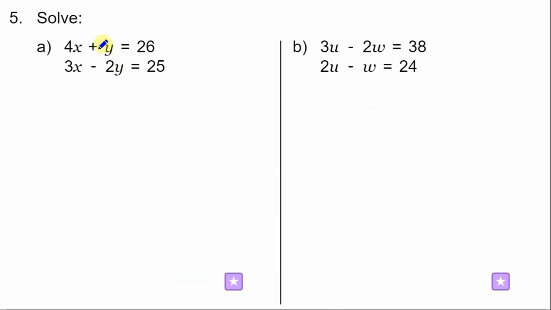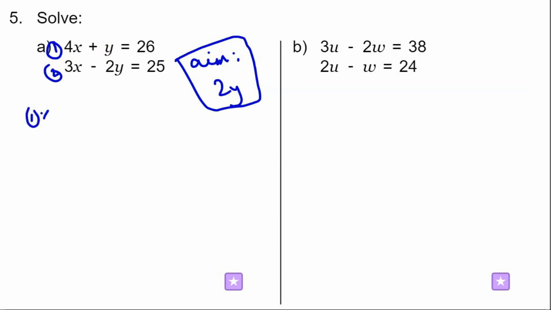So in this, I've got different signs, but I can still aim to make everything have 2y. That's my aim, because I know if I times this top one by 2, equation 1, I'm going to get 8x plus 2y equals to 52.